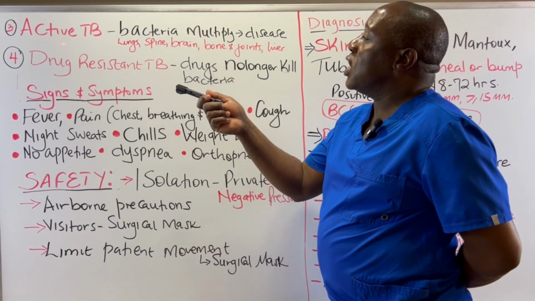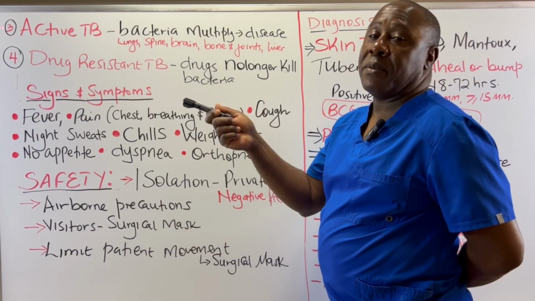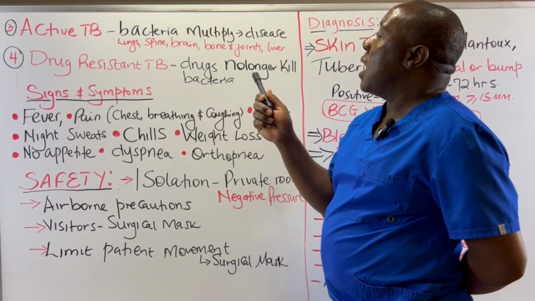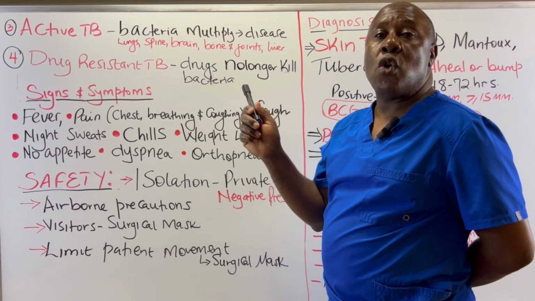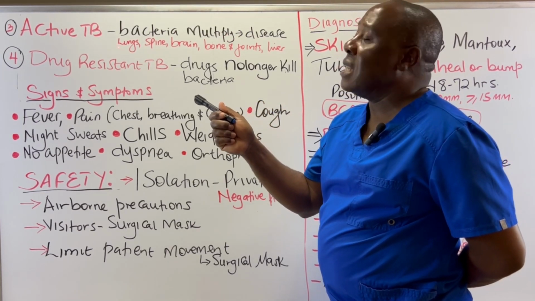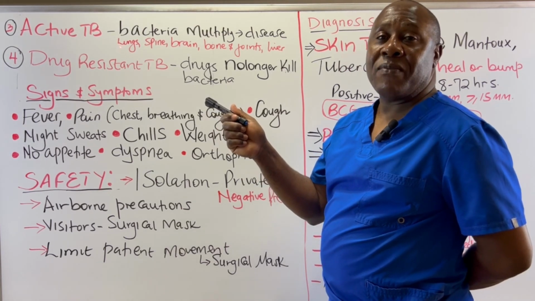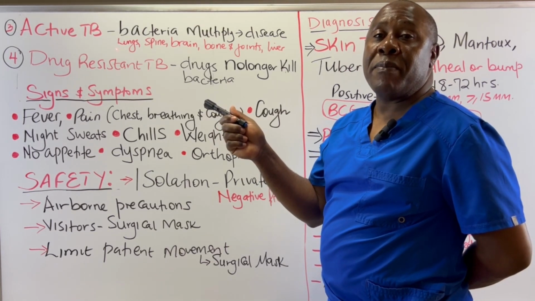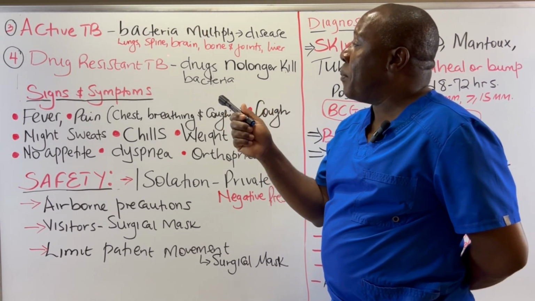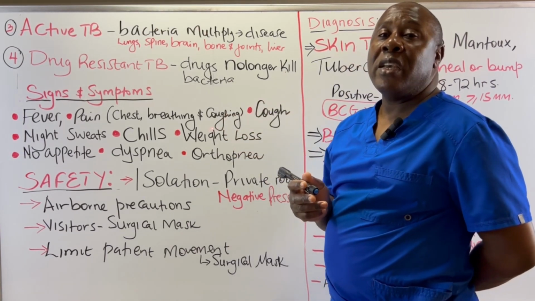The third classification of TB is active TB. This is when the bacteria multiplies and spreads in the body to cause disease. Normally, TB affects the lungs. In most cases, TB affects the lungs and we refer to it as pulmonary TB. But there are other cases where the TB spreads to other parts of the body to cause disease in those areas.